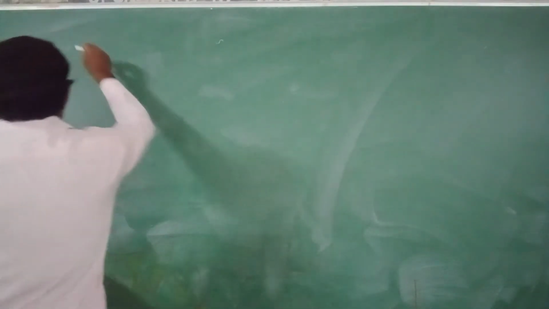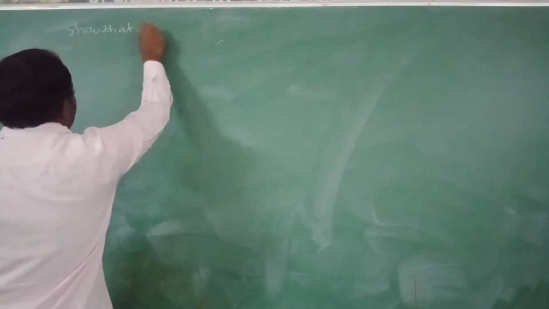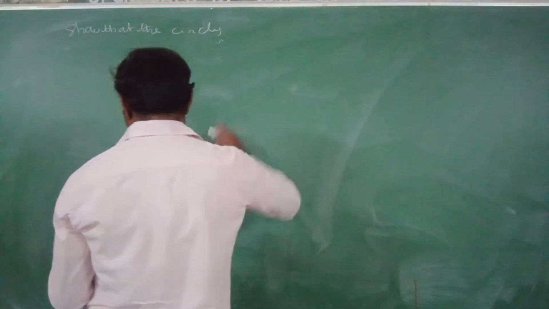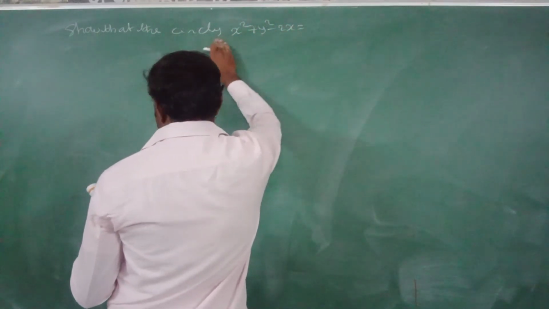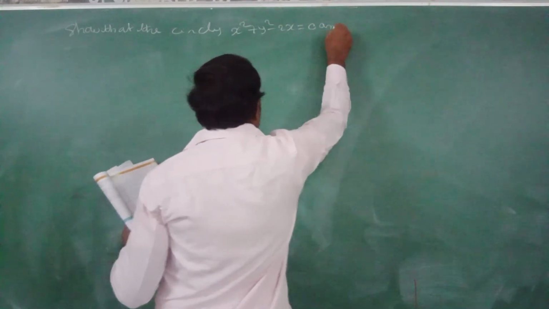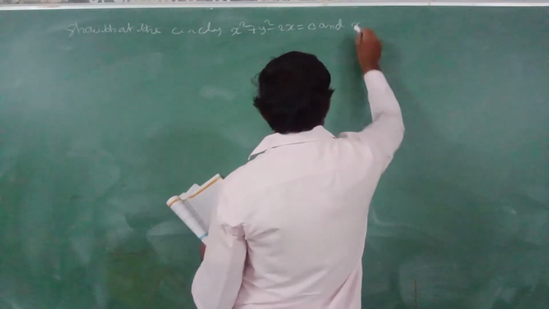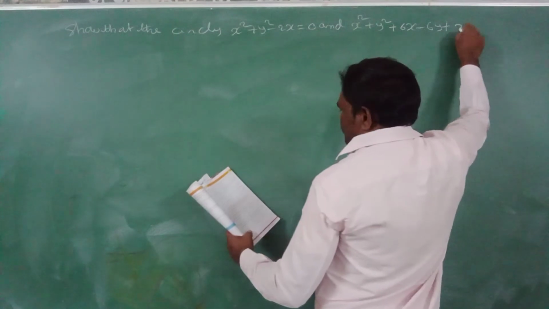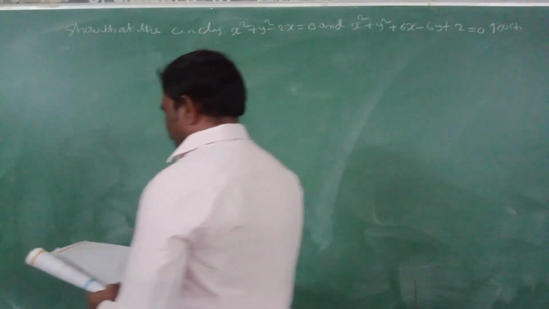Show that these circles x square plus y square minus 2x is equal to 0 and x square plus y square plus 6x minus 6y plus 2 is equal to 0 touch each other.